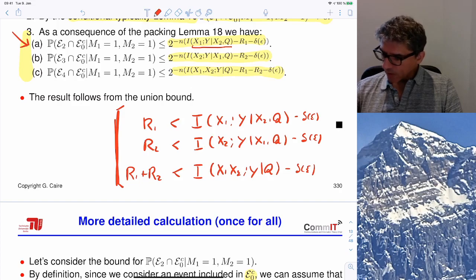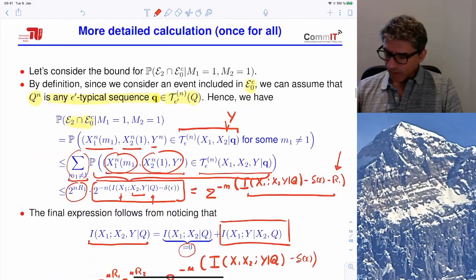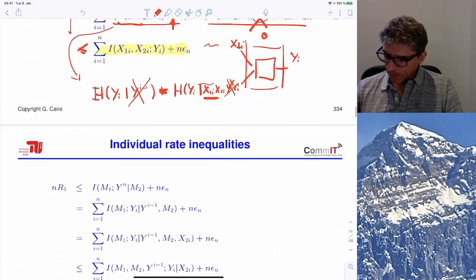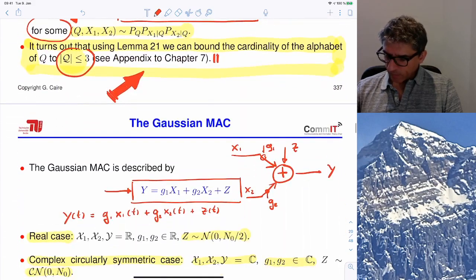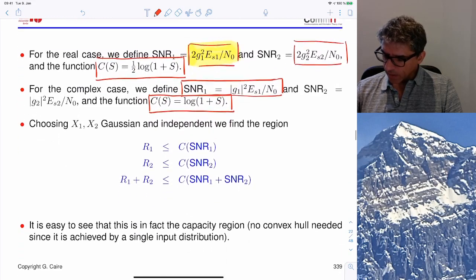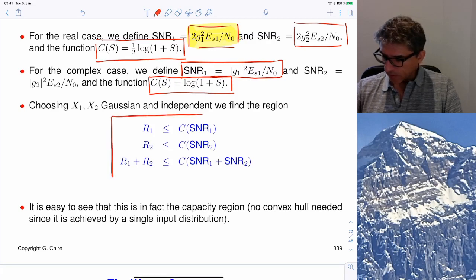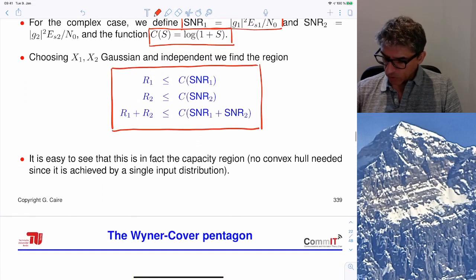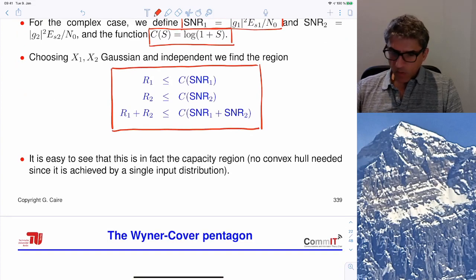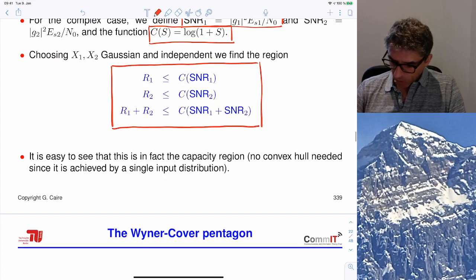If I choose X1 and X2 Gaussian, independent, with variances E_S1 and E_S2, and I simply write down the mutual informations, I obtain this region. Why? Because if I choose, for example, X1 and X2 Gaussian independent, and focus on the first inequality, then you can work out the others.